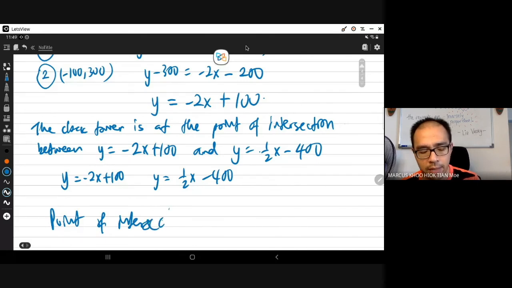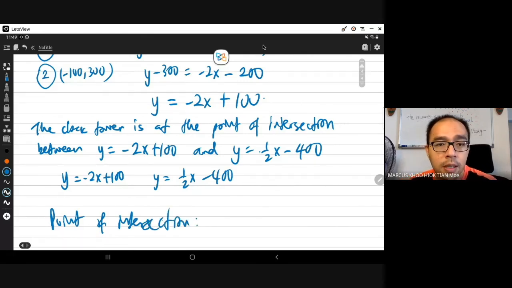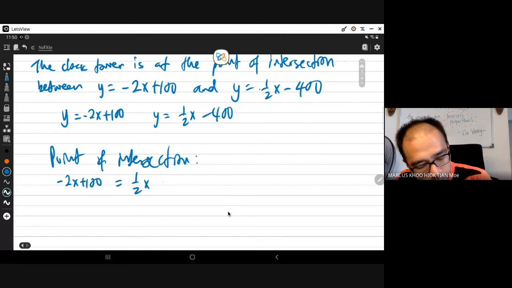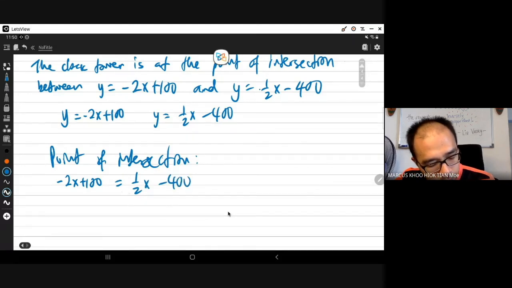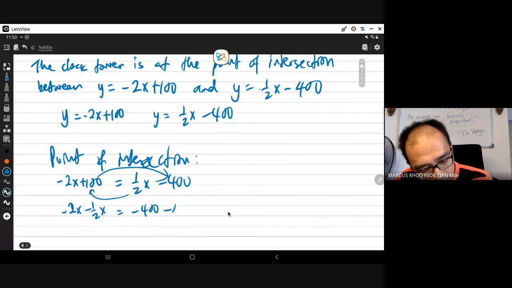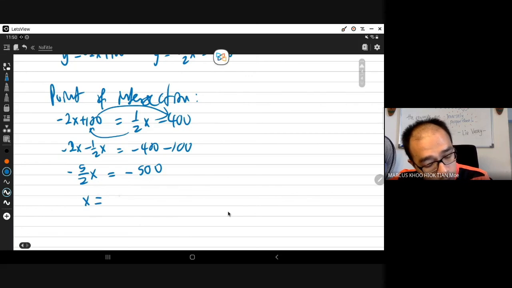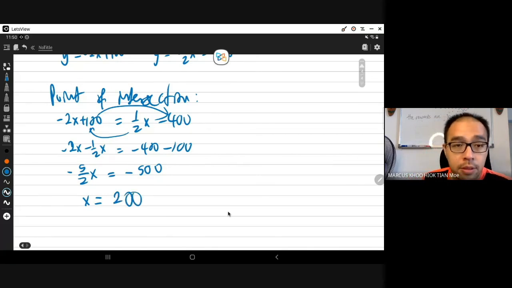Well, actually the answer is there, but I want you to try this on your own. Negative 2x plus 100 equals half x minus 400. Bring this across, bring that across. So negative 2x minus half x equals negative 400 minus 100. So you will get negative 5 over 2 x equals negative 500. So x equals 100 times 2, 200.